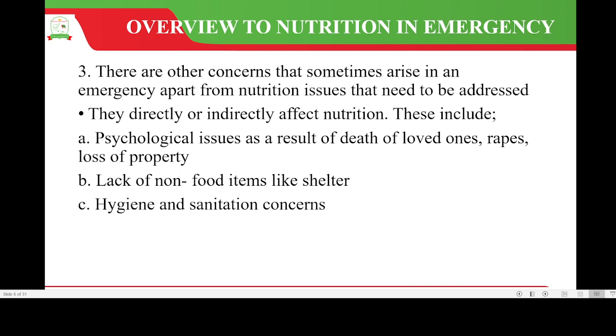These can directly or indirectly affect nutrition. Some of these concerns may include psychological issues resulting from the death of a loved one, rape cases, loss of property, destruction of houses, loss of food items, lack of food, and then the lack of non-food items, for example, shelter.